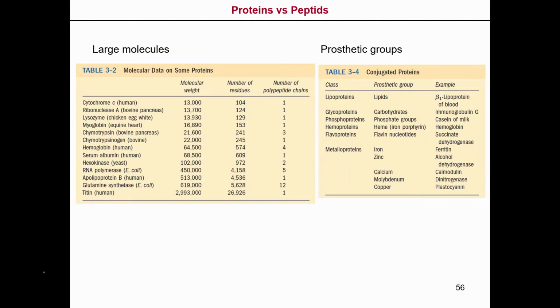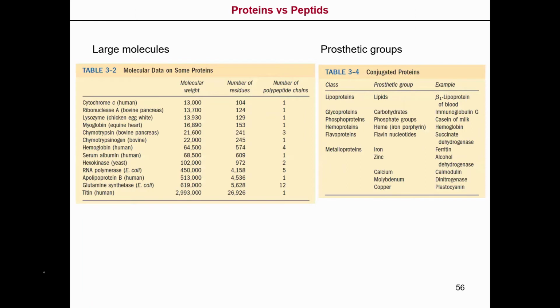A student answered: proteins can contain other prosthetic groups while peptides do not.